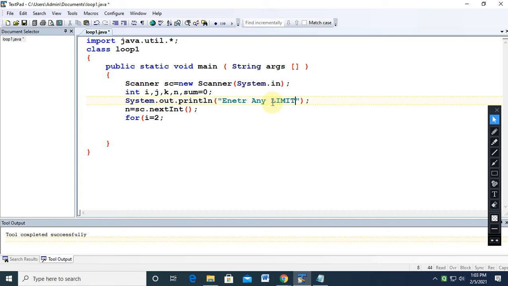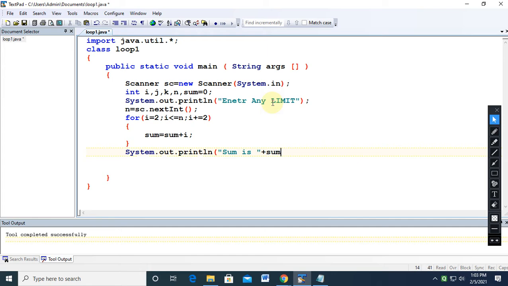But in this case we should keep one thing in mind: the limit must be even, right? The loop has to start from 2, then i plus equals 2. Then sum equals sum plus i. How many outputs will there be? Only a single output, because we are printing the result outside of the loop body.